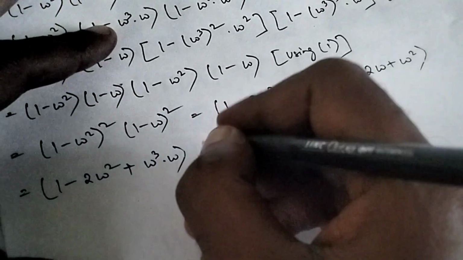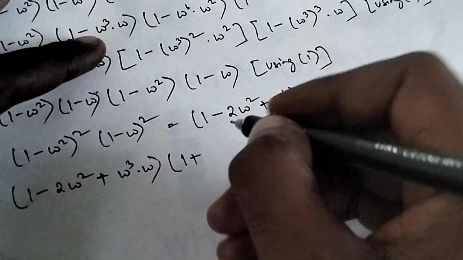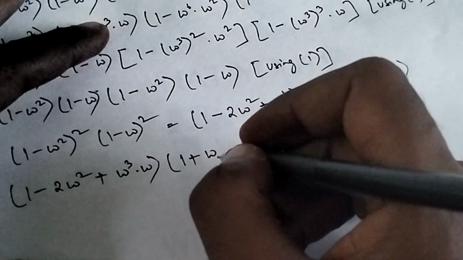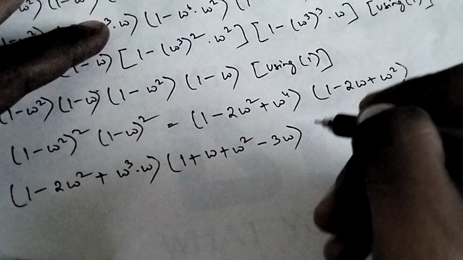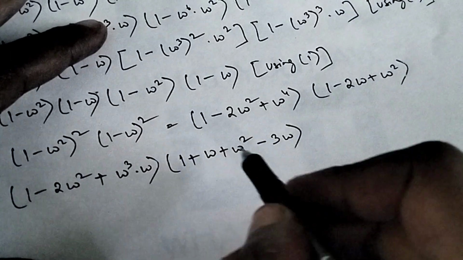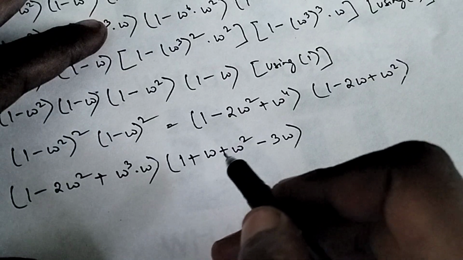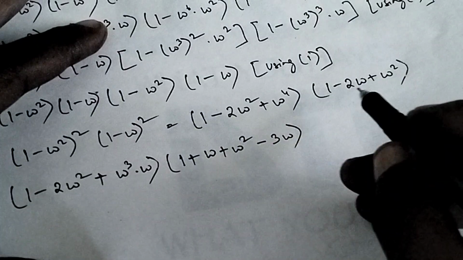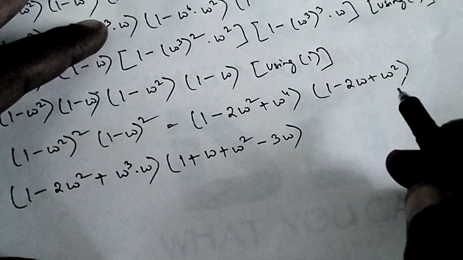Here we have got 1 minus 2 omega plus omega square, which I am writing in this way, 1 plus omega square minus 3 omega. If you simplify this, it will come like this only. Omega minus 3 omega is minus 2 omega, plus omega square.